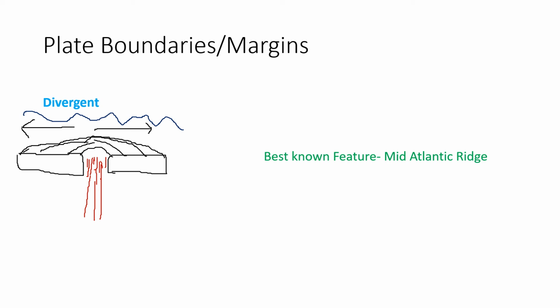So basically what you need to remember is how these plates are moving. These two arrows indicate the movement of the plates. So the plates are being pulled apart, and remember we said that this movement is slow and it happens beneath the ocean. As the plates are being pulled apart, molten material will rise, filling the space that is created between the two plates.